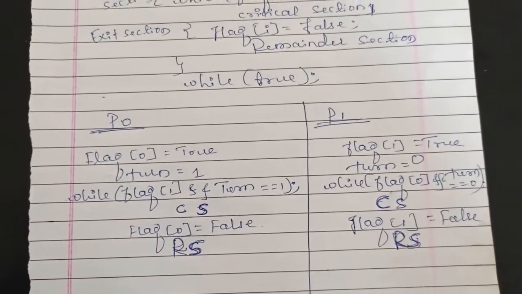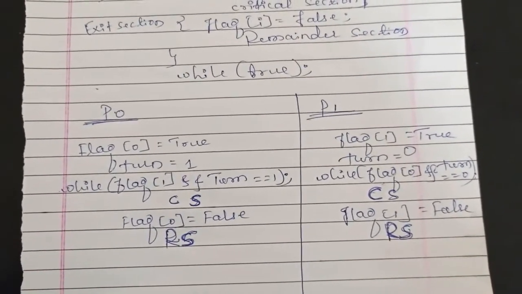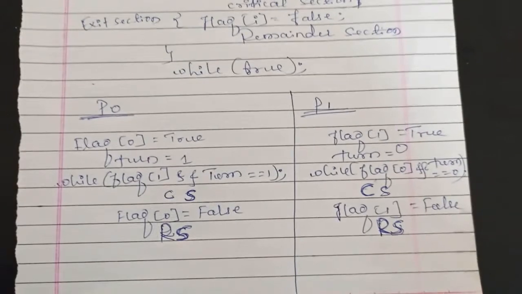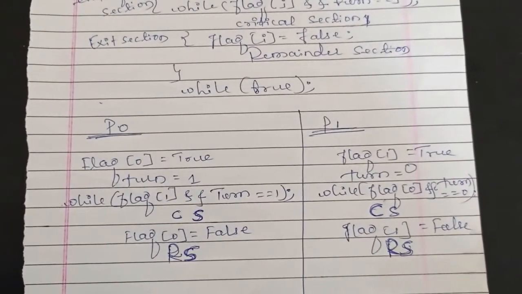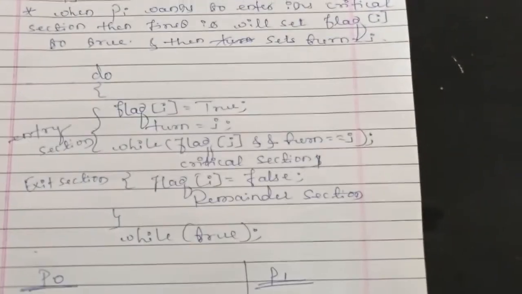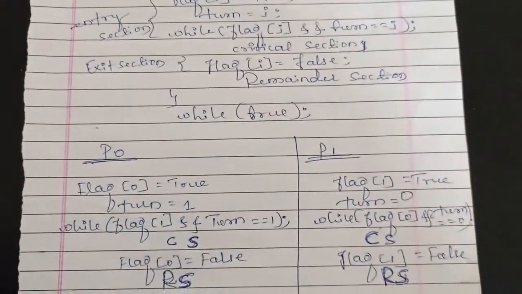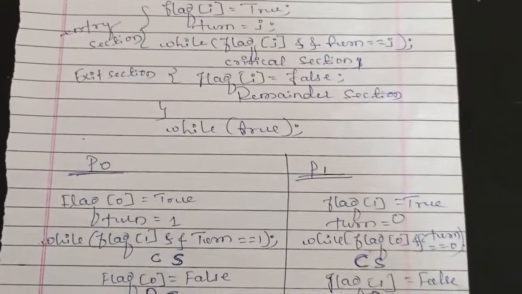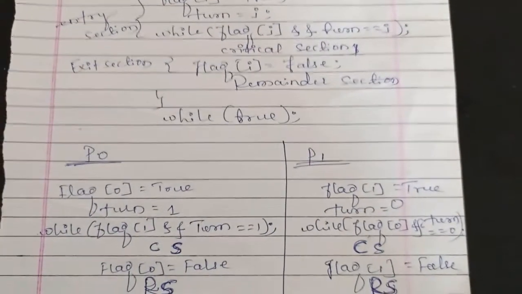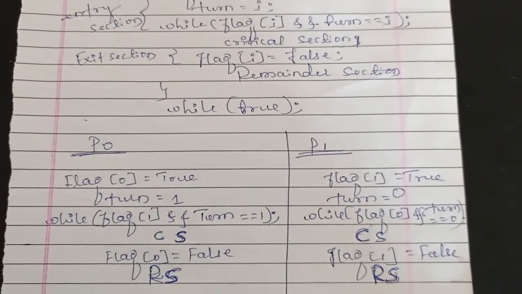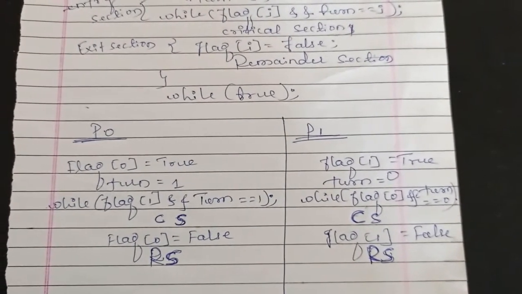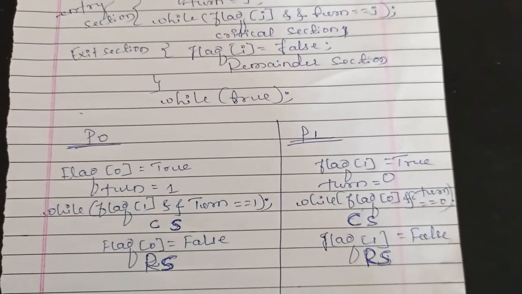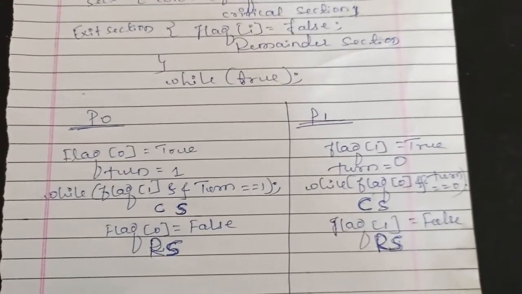So flag 0 equal to true means P0 wants to enter its critical section. Now according to the algorithm, turn is equal to j. What is the value of j here? j is 1, because we have taken Pi and Pj: Pi means P0 and Pj is nothing but 1. So it becomes turn equal to 1.